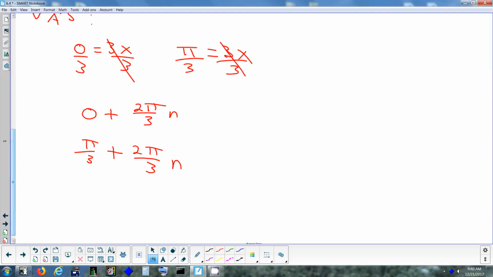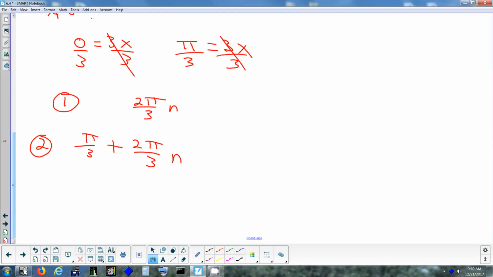So really, do we need this 0 plus? No. If you're going to add 0, you don't even really need it. So that's the equation for where your first asymptote occurs. That's the equation for where the second one occurs. Let's see if we can combine those two into one thought.